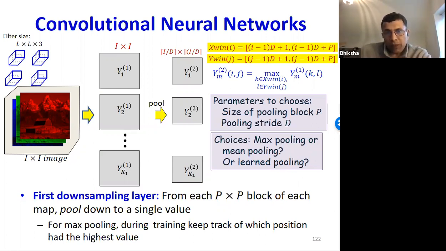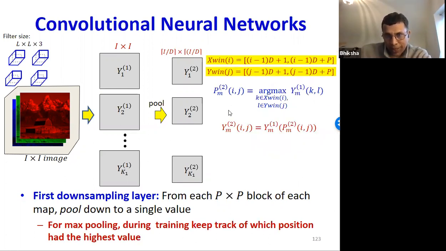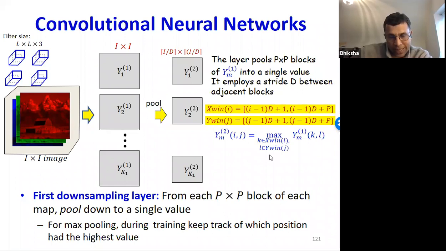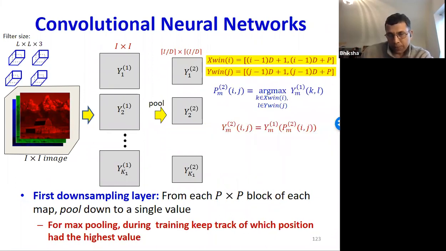So if you're actually performing max pooling, then you won't actually perform this operation directly, because this operation by itself is not differentiable. We're going to have to split that operation into two steps.